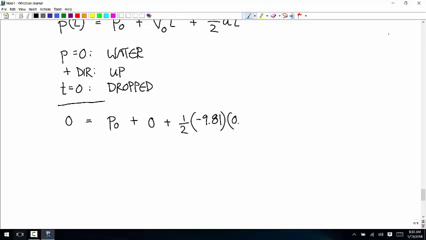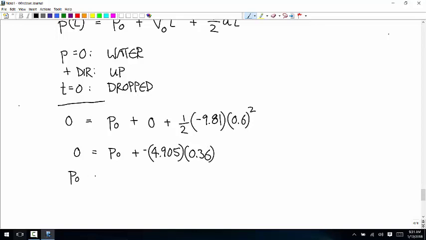And then the time is 0.6, and that's squared. So we have 0 is equal to P0 plus 4.905 times 0.36, negative.